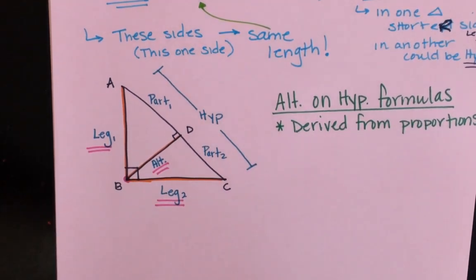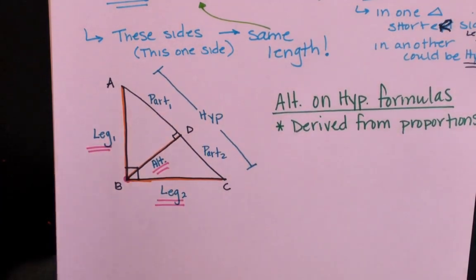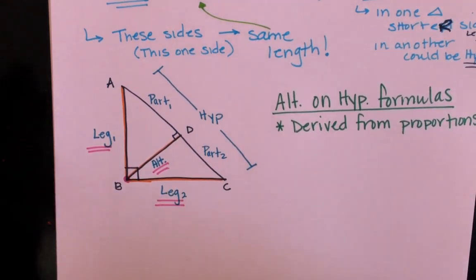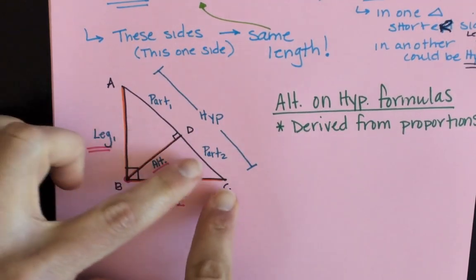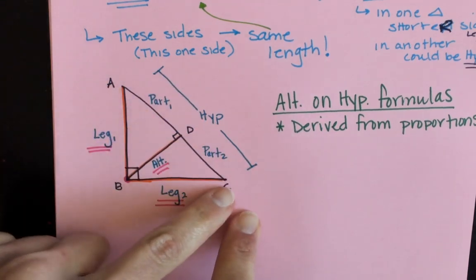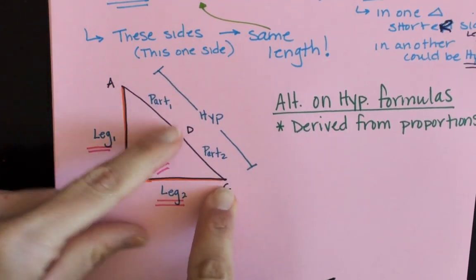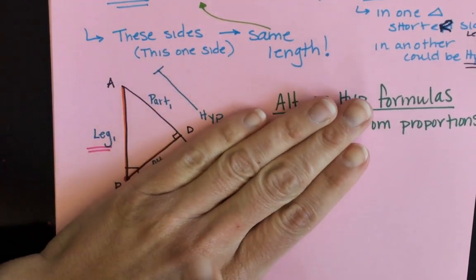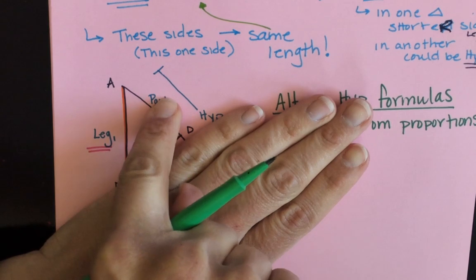So there's a couple ways that I'm going to have us kind of memorize how to do this. I'm going to first show you how you could look at this as, here's our hypotenuse, and here's part of the hypotenuse up to D. Here's the other part up to D. And you can see that we have our one triangle up here, so leg 1, part 1.